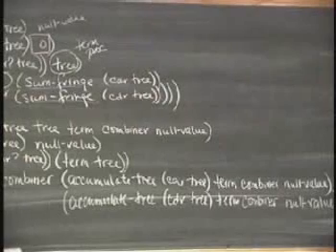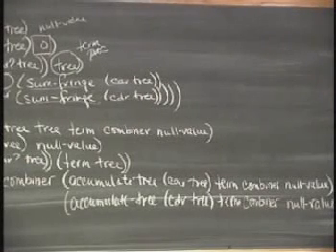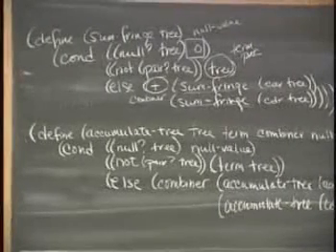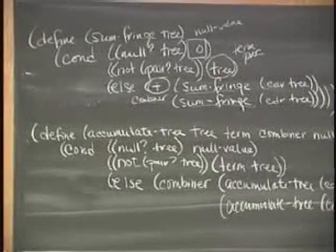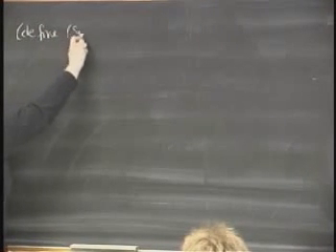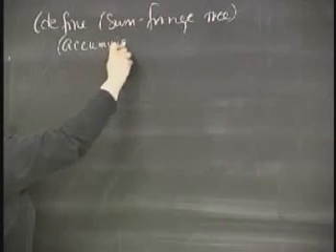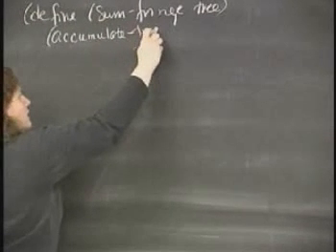Okay, given accumulate-tree, tell me how I can write sum fringe in terms of accumulate. Right here, we're going to call accumulate-tree on the tree.